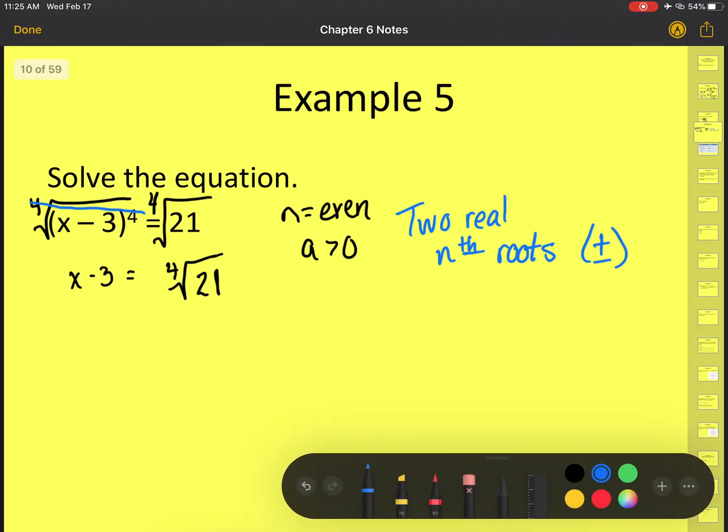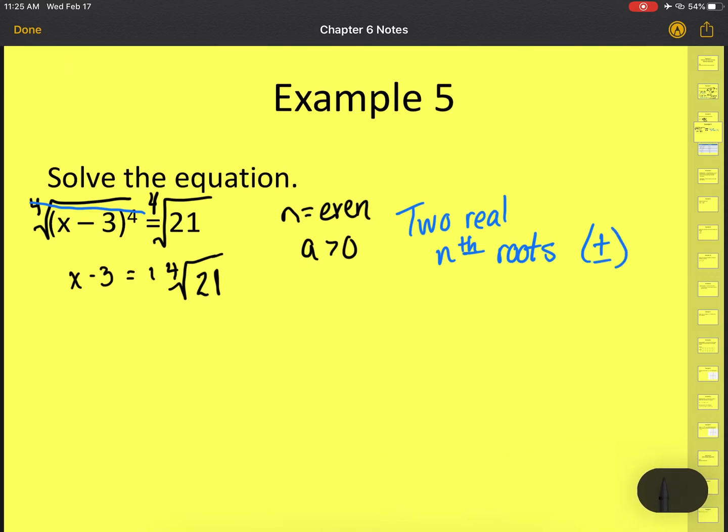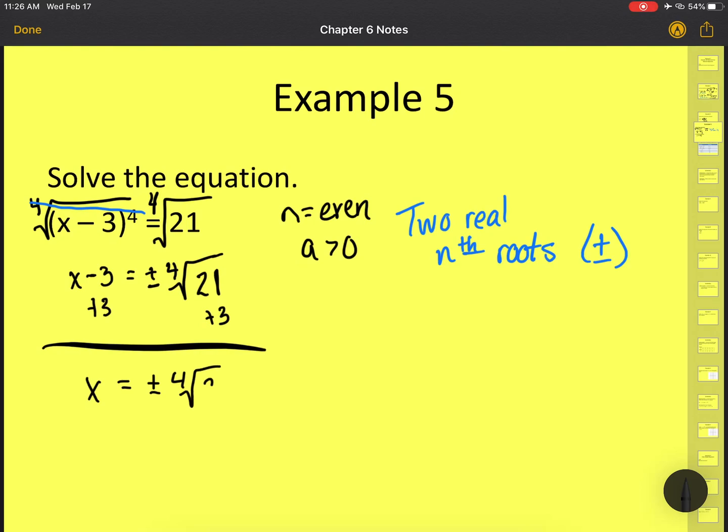Okay, so what I'm going to do is add that plus or minus to the front of that 4th root of 21. And it's not quite perfect, so I'm going to hold on to it a second, because I still got to solve for x. I got to move that 3 over. Okay, so I'm going to be left with x equals plus or minus 4th root of 21 plus 3.